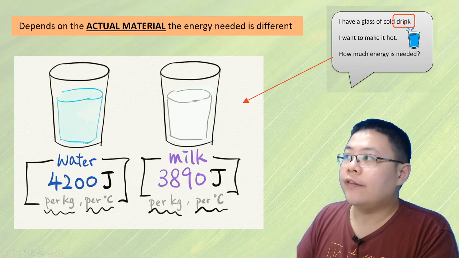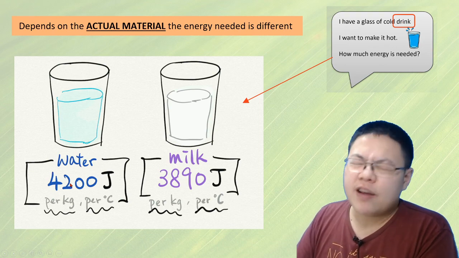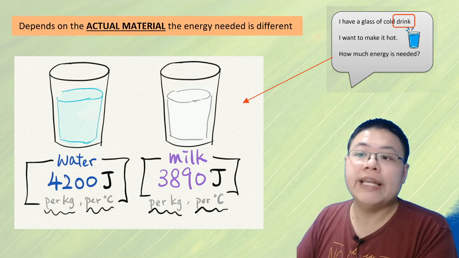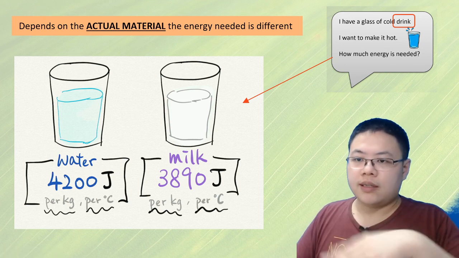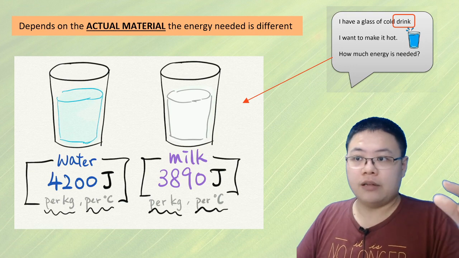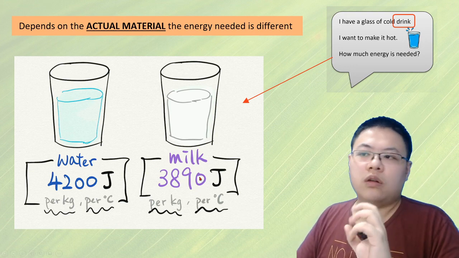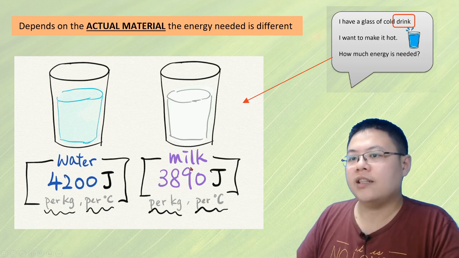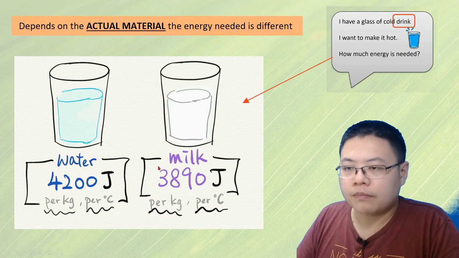For example, if the drink is water, then it will be very, very difficult to heat up because water needs a lot of energy to just increase by 1 degree Celsius. Milk is quite similar to water, but it is not as difficult because you can see here the number.